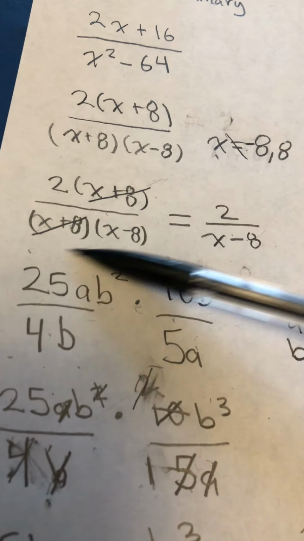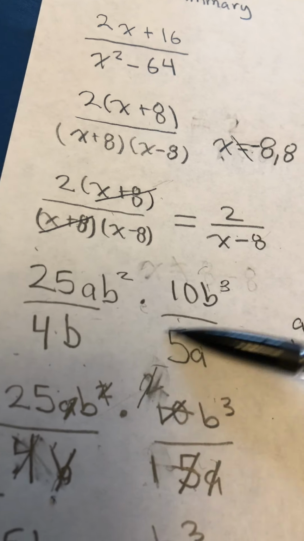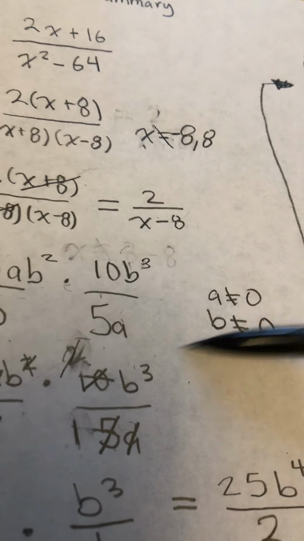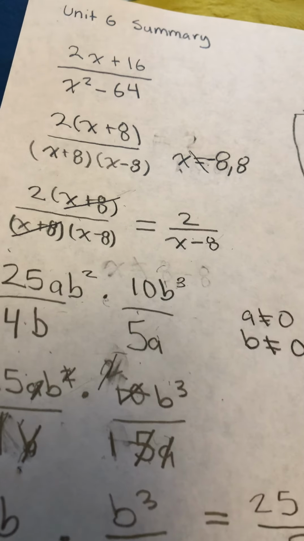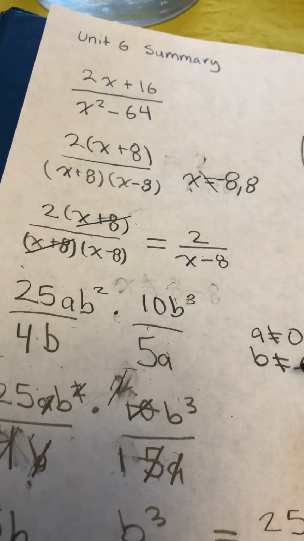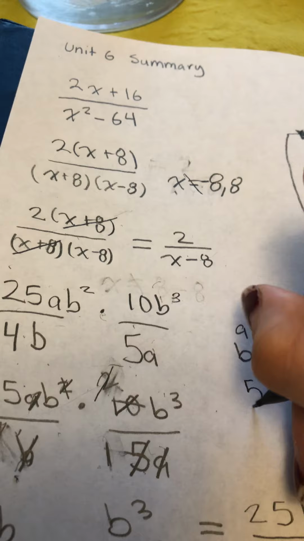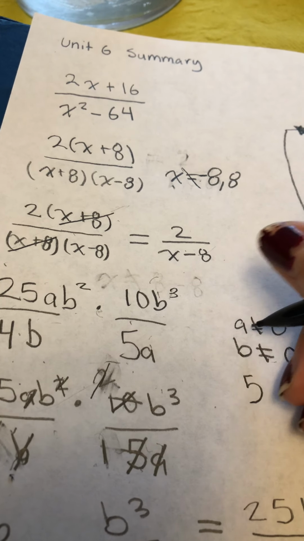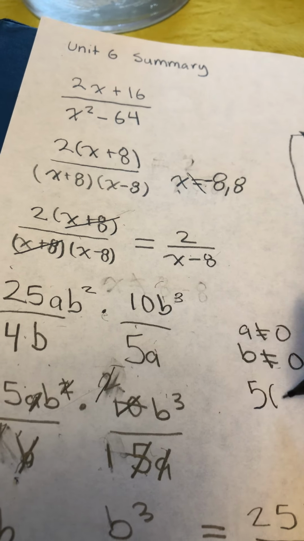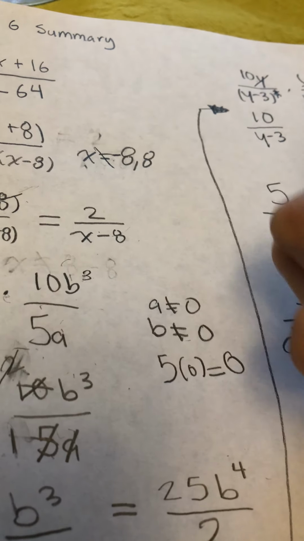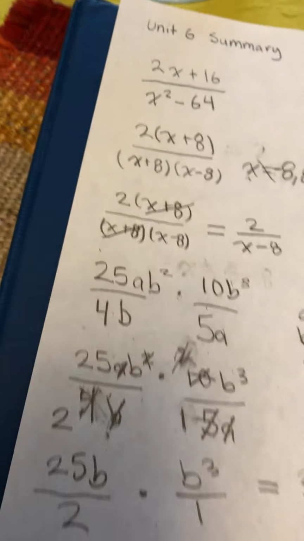In this case, they are b and a. a can't equal 0 and b can't equal 0, because for example, if a was 0, 5 times 0 equals 0. So that's how you know you're correct.